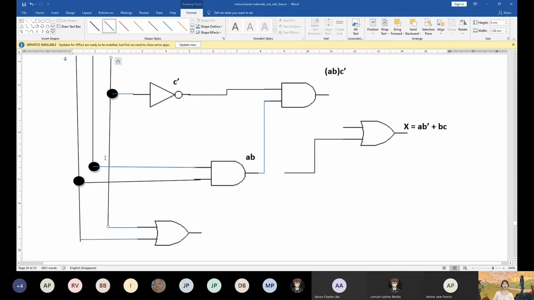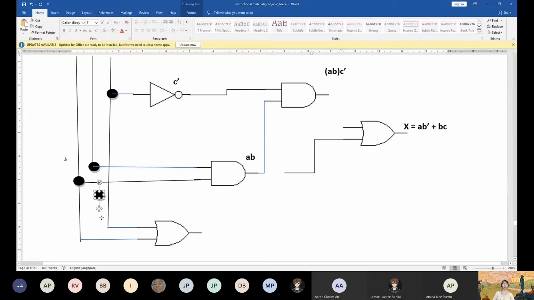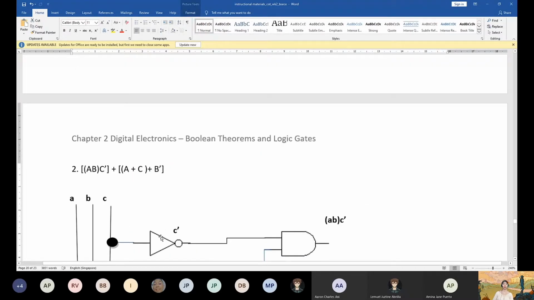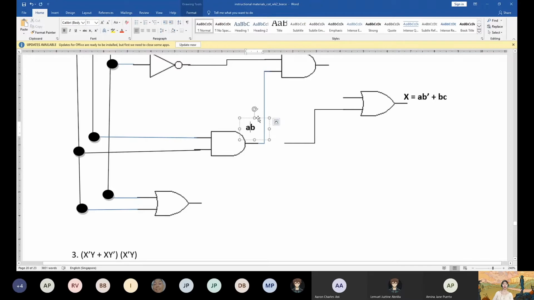Then let's put a heavy node. A heavy node means a connection again. So this is now A plus C.